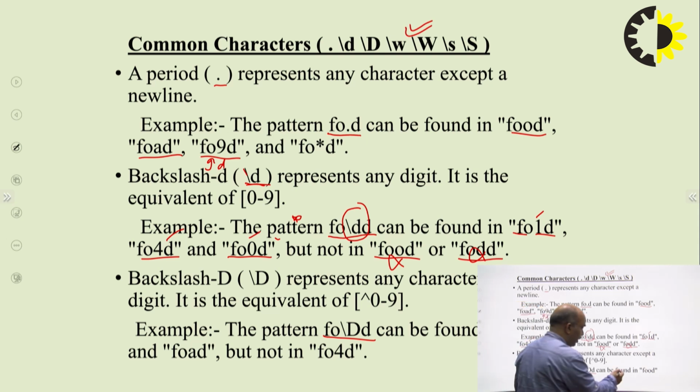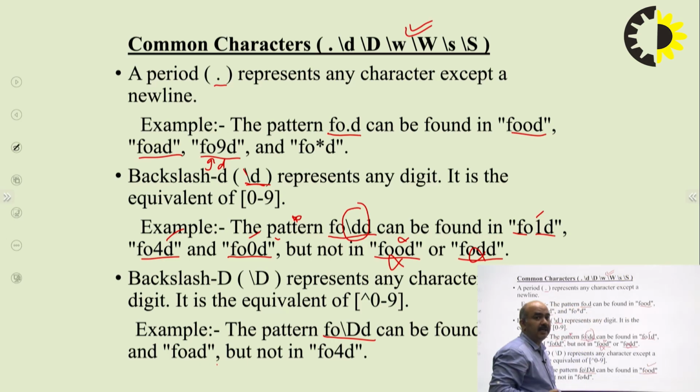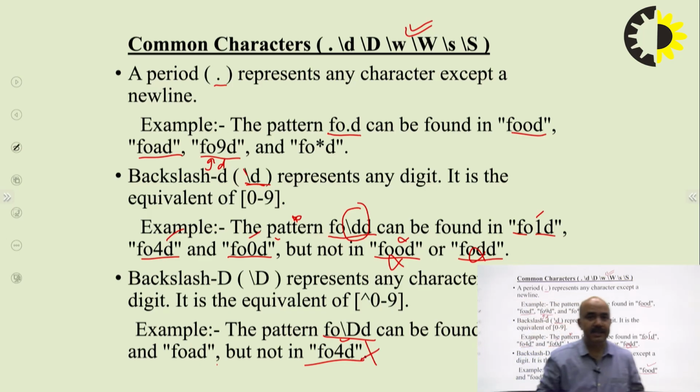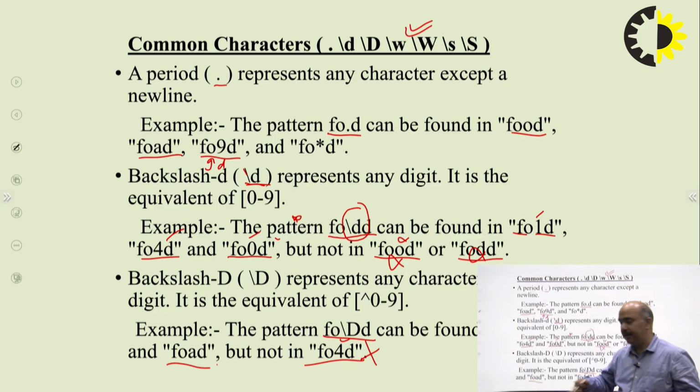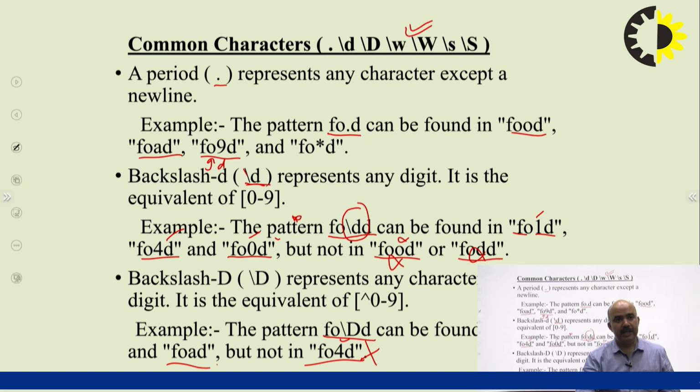We can find it in food. However, if we use small d, food does not match the pattern. But in the case of fo4d, if we use capital D, the pattern does not match. Another example is foed: as these are character values, they are acceptable and the pattern matches.